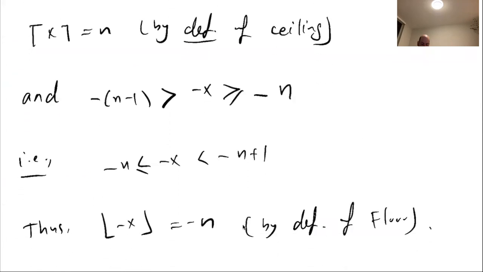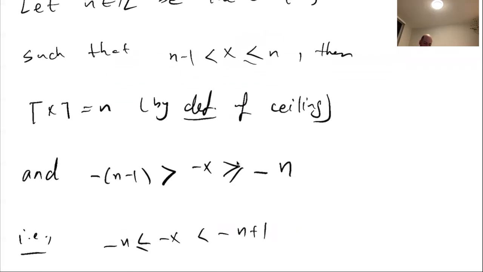I calculated ceiling of x. Now floor of minus x will be minus n. Why? Because minus x is bigger than or equal to minus n and less than minus n plus 1. But the definition of floor was exactly saying this, that if x is bigger than or equal to m, let's say, and less than m plus 1, then this number m would be considered as the floor. But here my m is minus n. So floor of minus x is minus n.